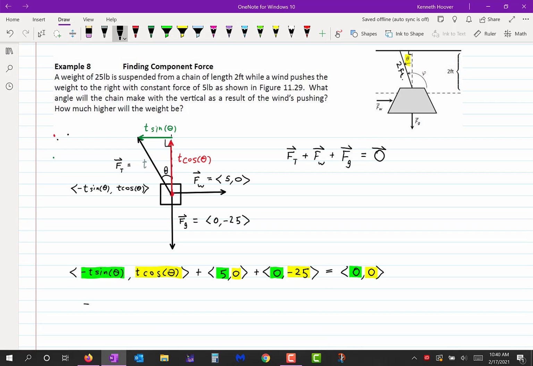So I can say negative t sine theta plus 5 equals 0, and I can say t cosine theta minus 25 equals 0, which I think is easier if we write it like this. T sine theta equals 5, and t cosine theta equals 25.